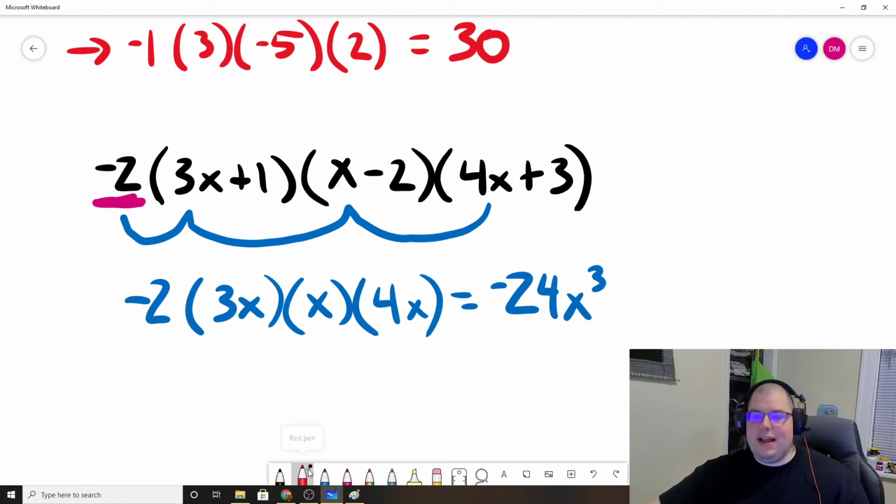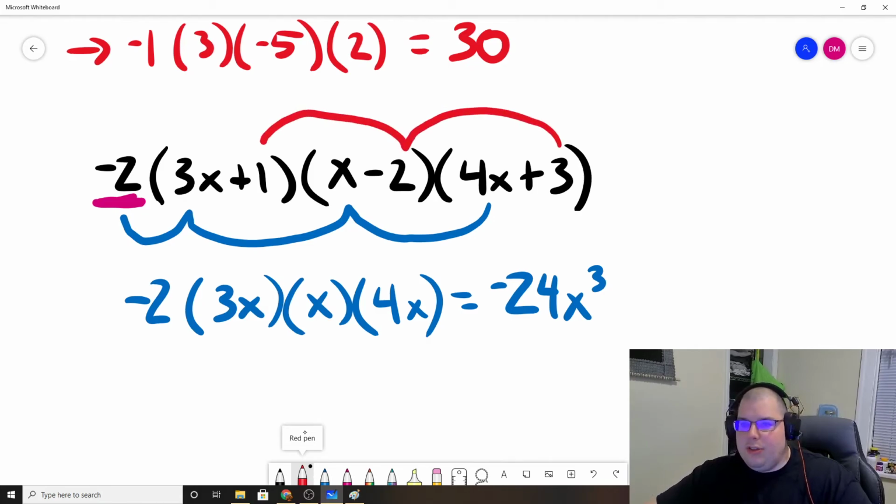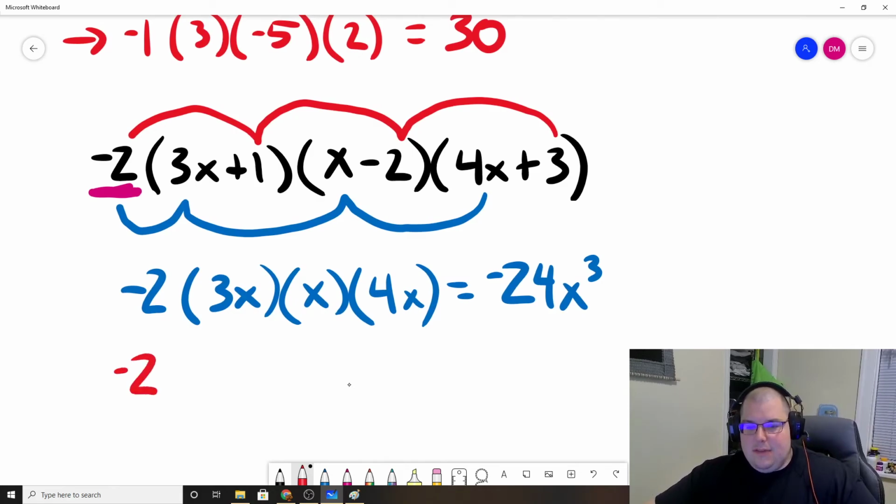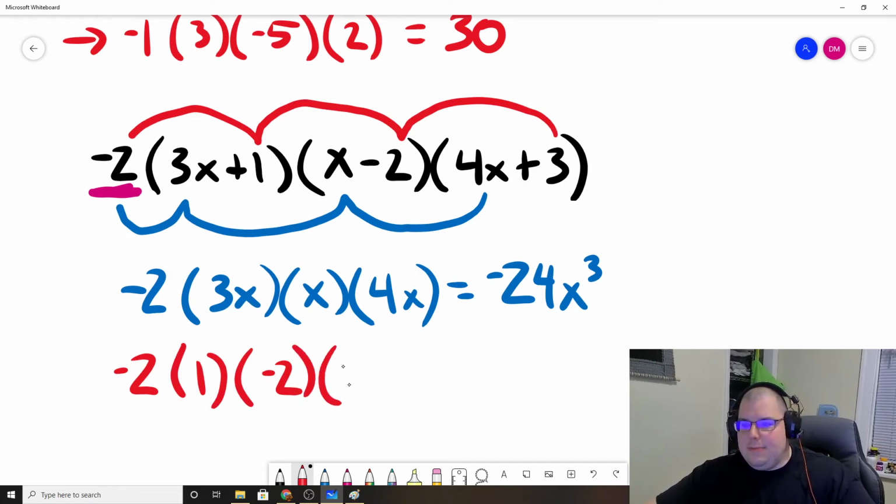Next, I'm going to move on to the constant term. Same thing as before, I'm going to multiply all of the little constant terms of my factors, and I'm going to include that number out in front. So it's going to be negative 2 times 1 times the negative 2 of my second factor times that positive 3 of the last factor.